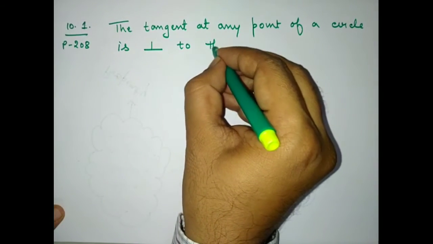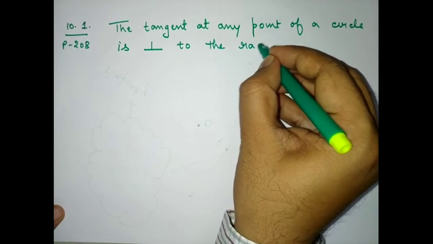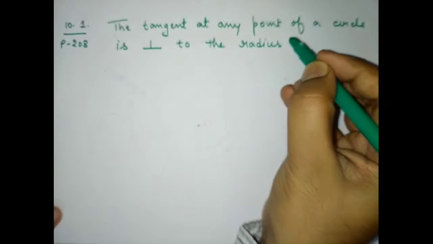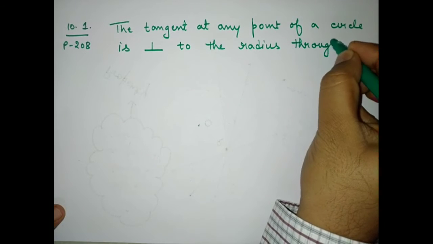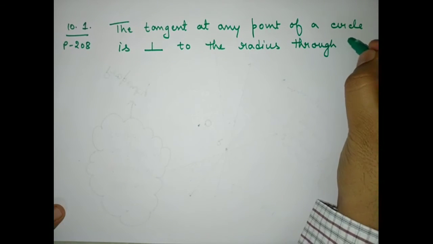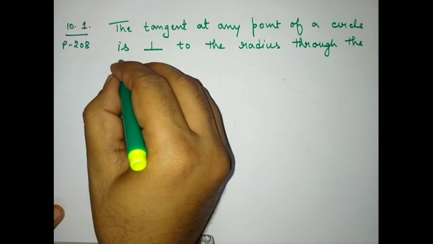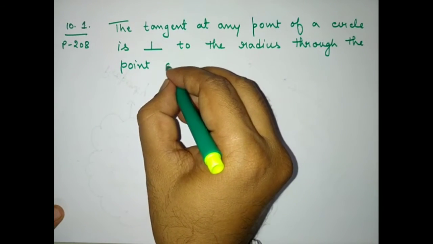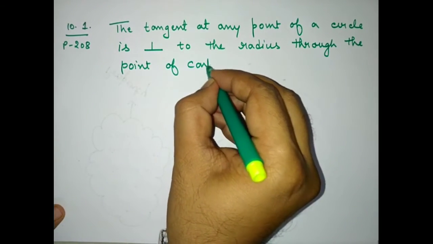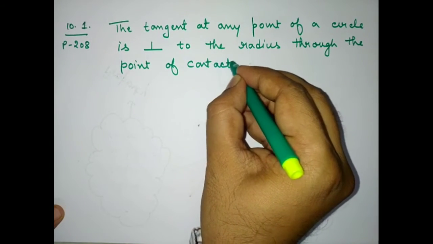The textbook statement is: the tangent at any point of a circle is perpendicular to the radius through the point of contact. These three words, point of contact, are very important.